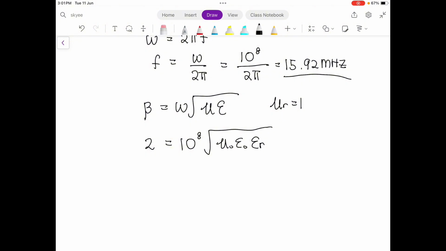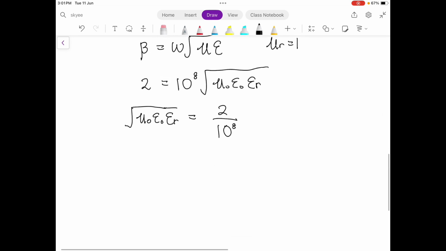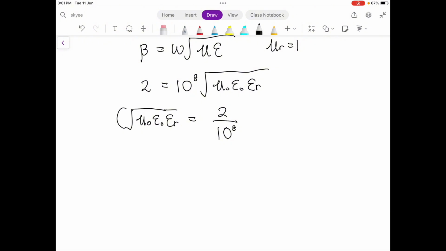Let's see how to do it. 2 divided by 10 to the power 8. In order to remove the square root, we square both sides.